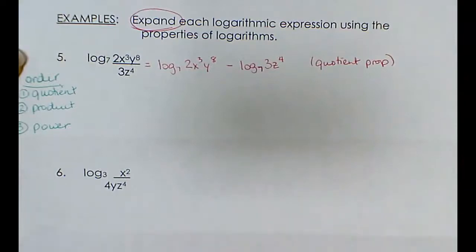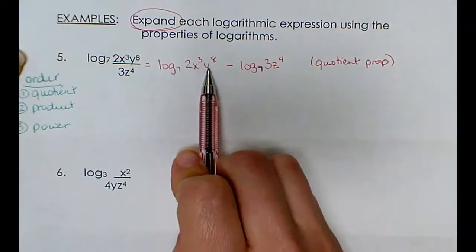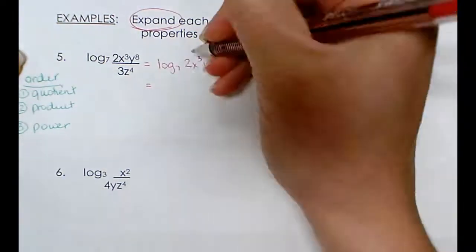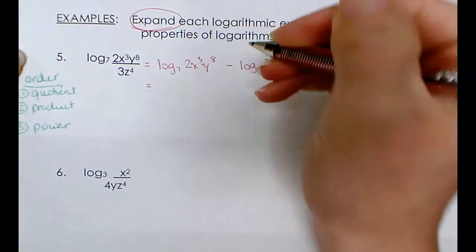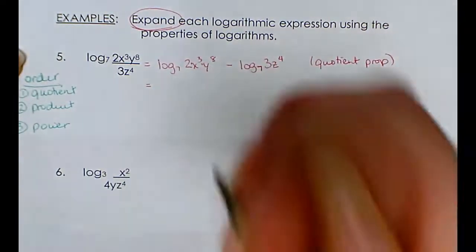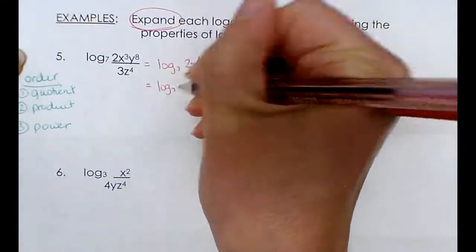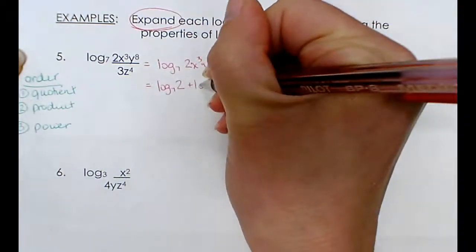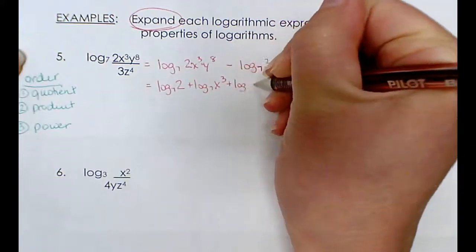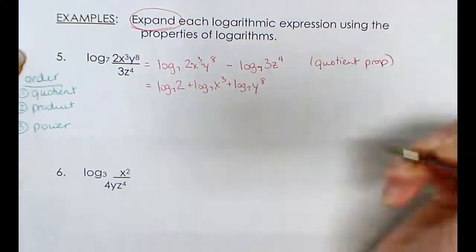Now I want to use product property. I want to break up the products that I see here and here. So I'm going to break this up. There's a product of 2 times x cubed times y to the power of 8. So I'm going to break this up into log base 7 of 2 plus log base 7 of x cubed plus log base 7 of y to the power of 8.